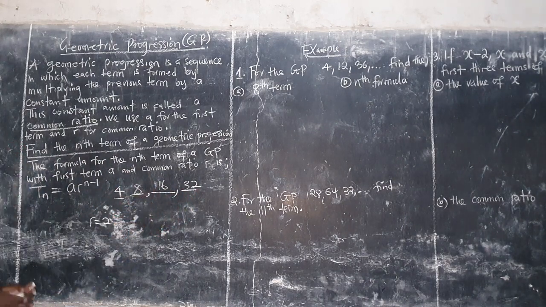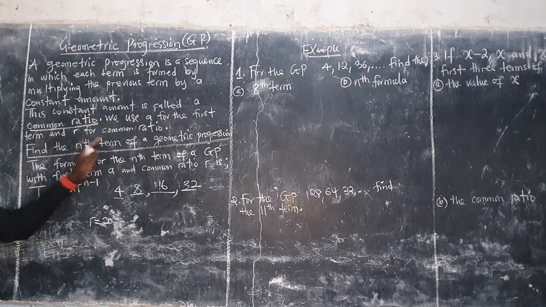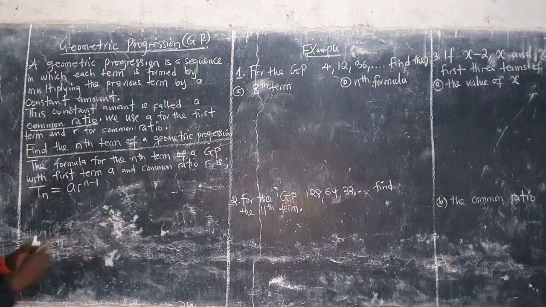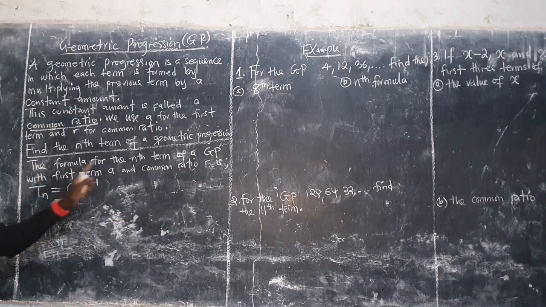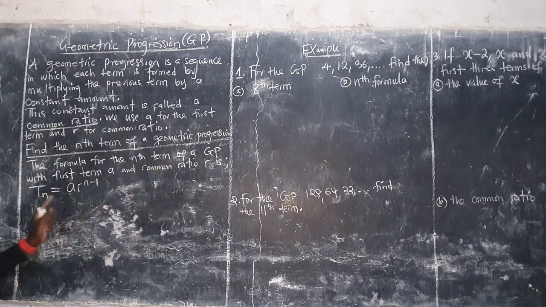Okay. Now we use A for the first term and R for common ratio. Now this is the formula that we use for GP. So we're saying the formula for the nth term of a GP with the first term A and the common ratio R is this.